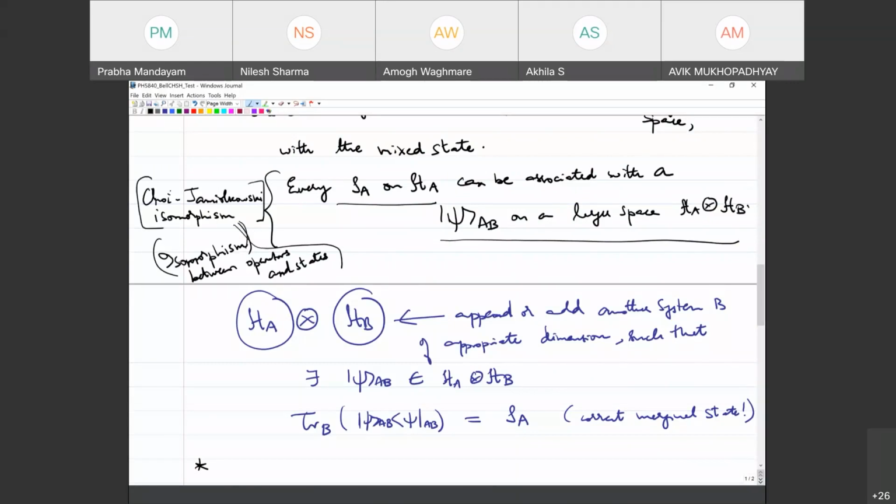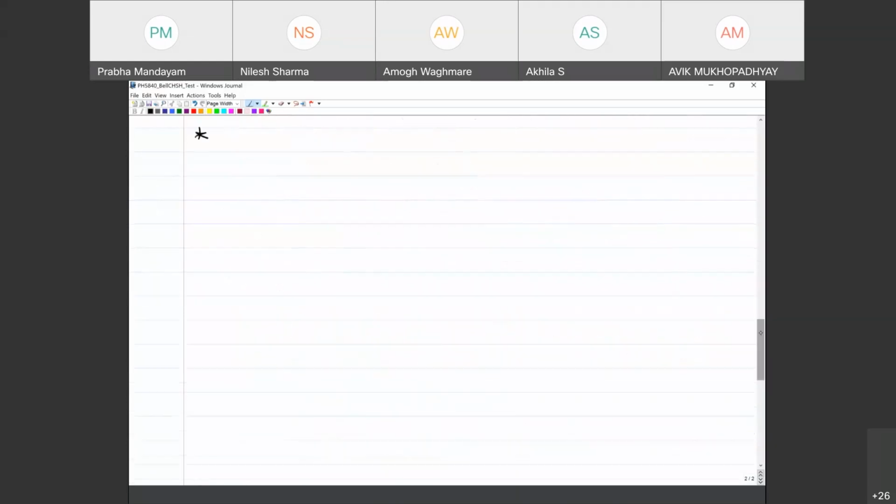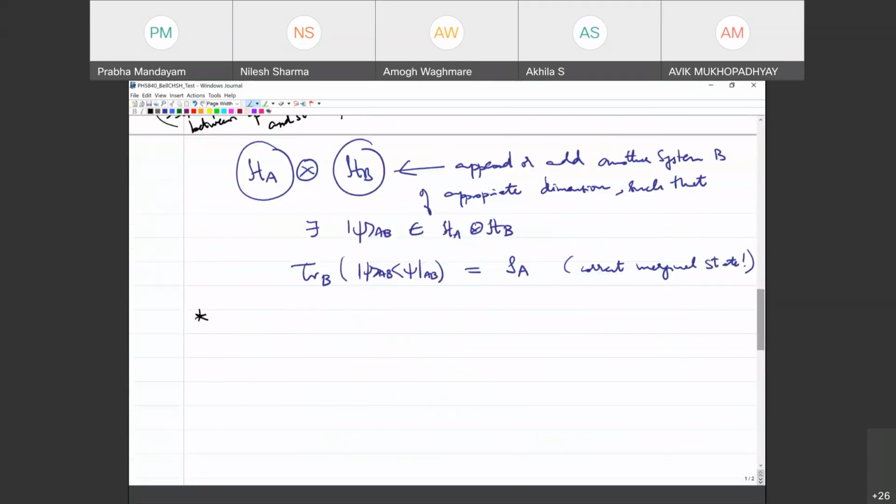All right. So how does one do this purification? Given this state rho A, I can always write it in its diagonal form. Let's say this is the so-called spectral decomposition, or the eigenvalue decomposition. The lambda i are eigenvalues, the ket i's are the eigenstates.